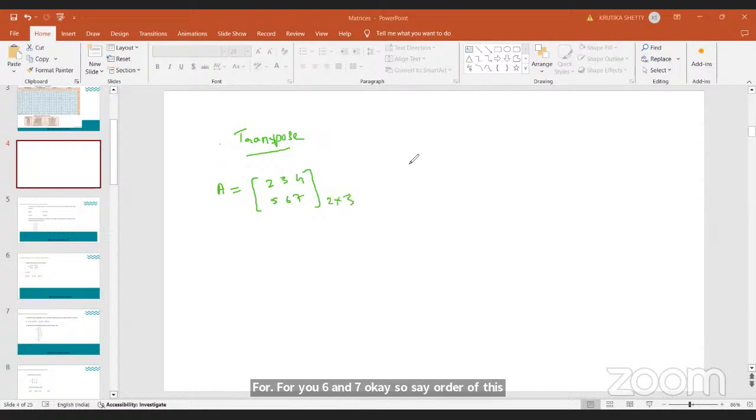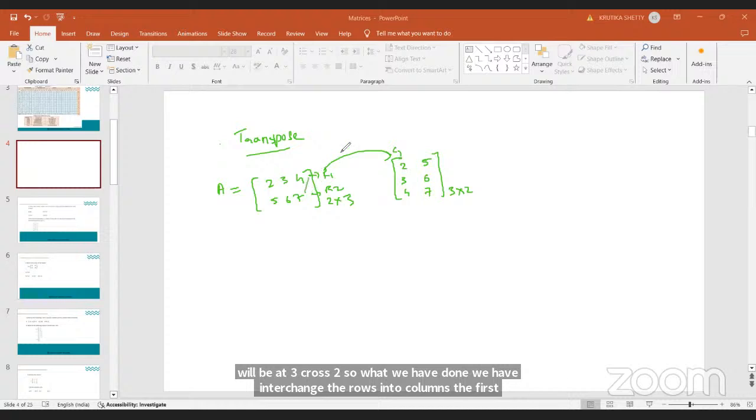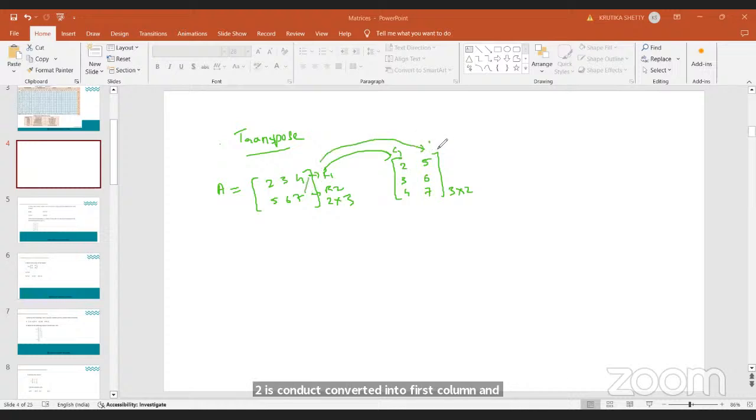Here if we interchange the rows into columns, see, this is the first row, r1. We write it as 2 3 4 as a column, and then again we write this as 5 6 7. So now the order will be what? 3 cross 2. What we have done is interchanged the rows into columns. The first row is converted into the first column, and the second row is converted into the second column.